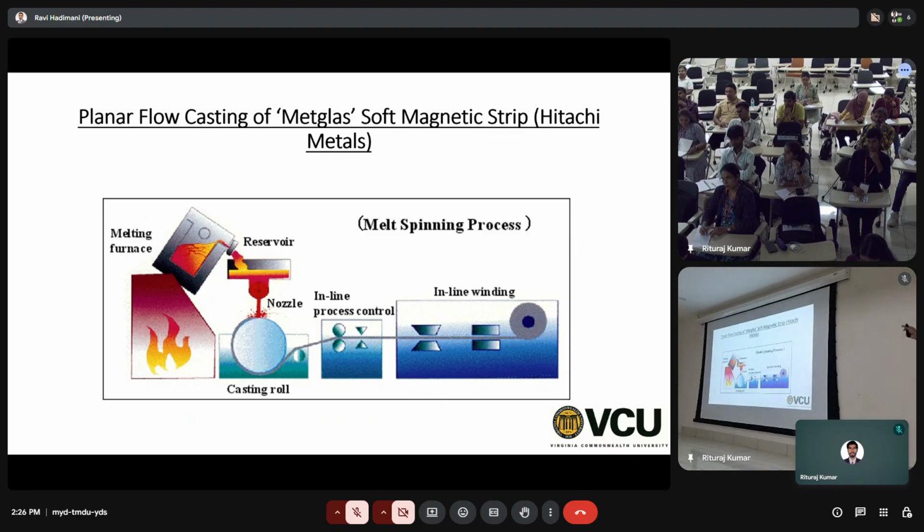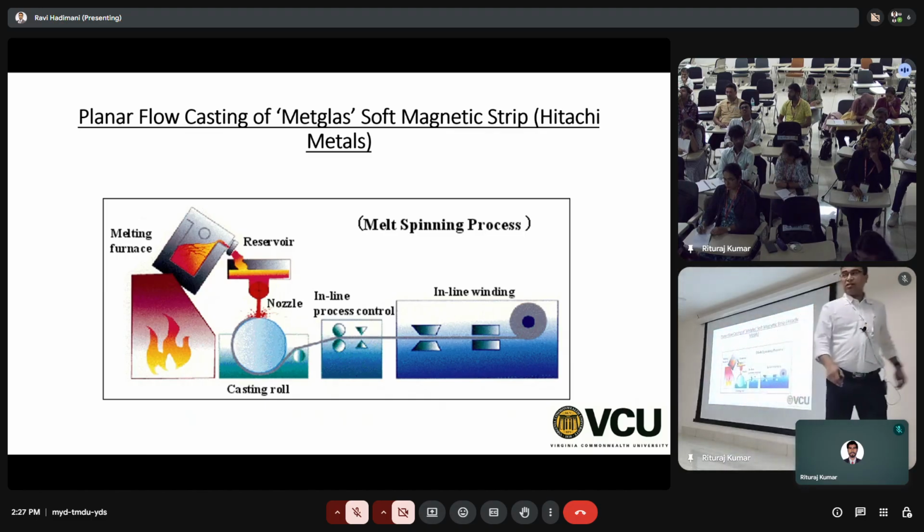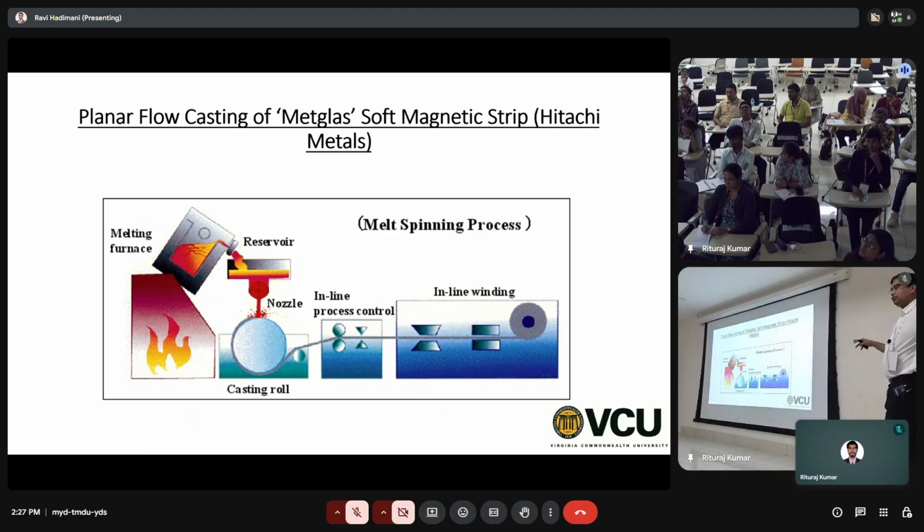But now let's look at some newer processing techniques. This technique is called the melt spinning process, wherein you make a material that is amorphous. You don't give enough time for the crystals to form.